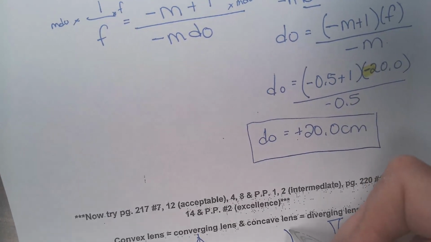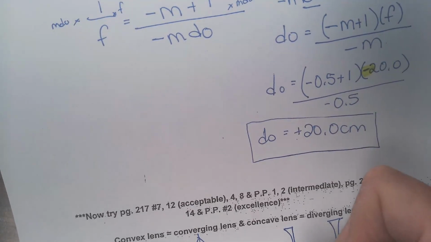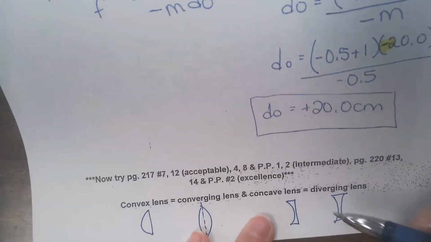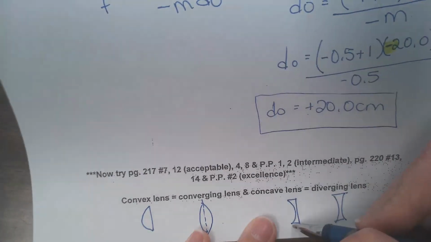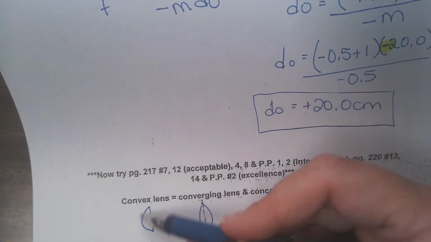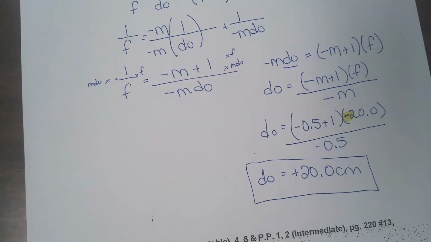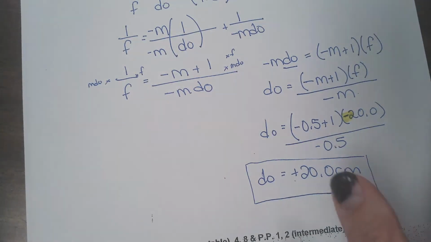So this is a concave lens. It caves in. Remember the grade 8 hacks? This caves in, so it's a concave. This bows out, so it's a convex, like Bowflex machines, they bow out.